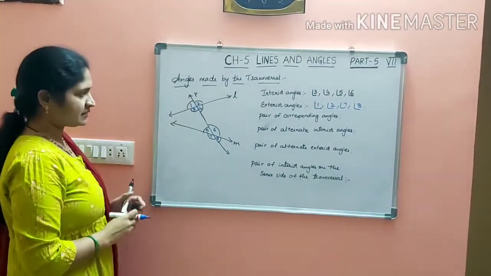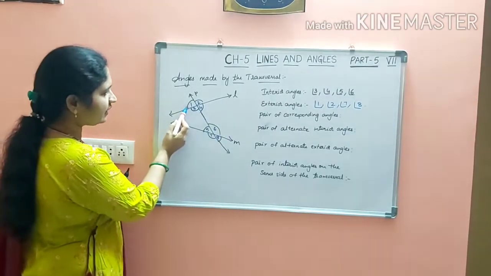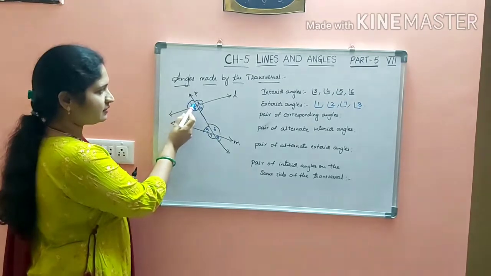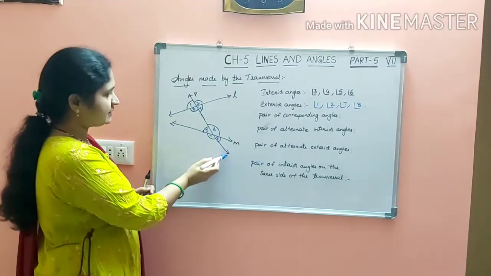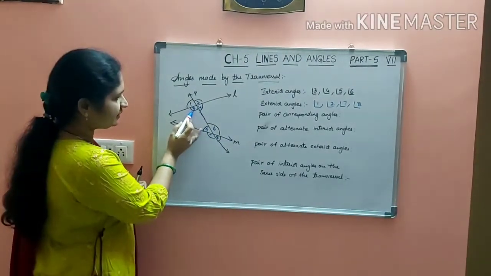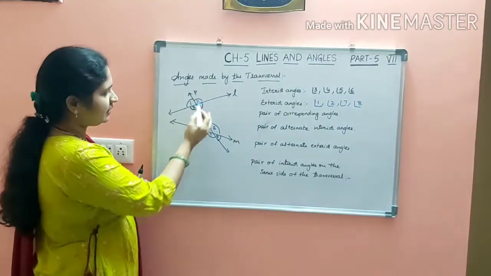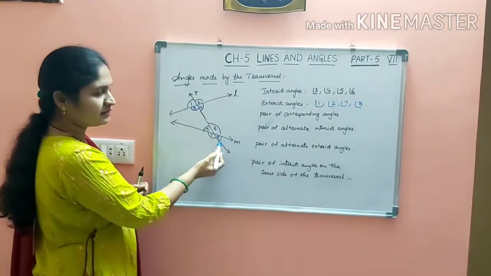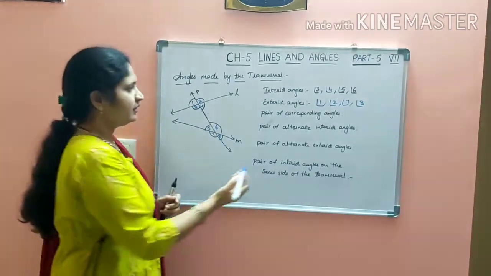So how many pairs can be formed here? Here angle 1, angle 5, interior, exterior on the same side of the transversal. Similarly, angle 3, angle 7, angle 2, angle 6, angle 4, angle 8. Is this clear, children? Let me write here.